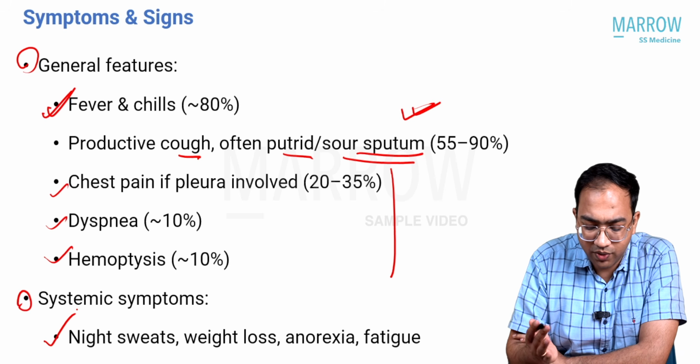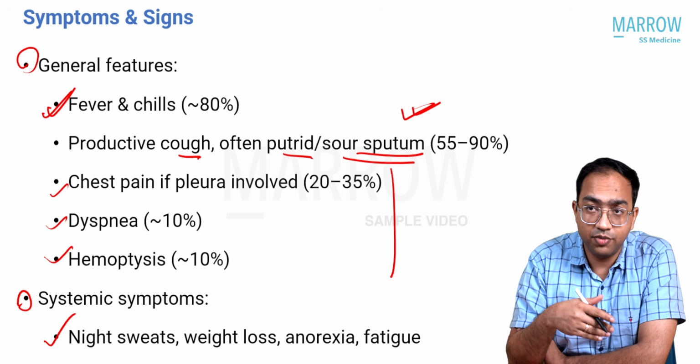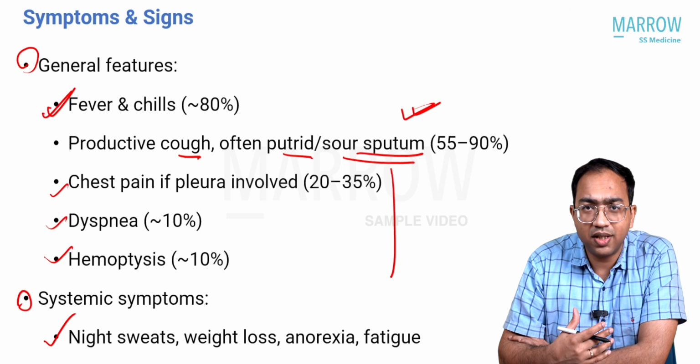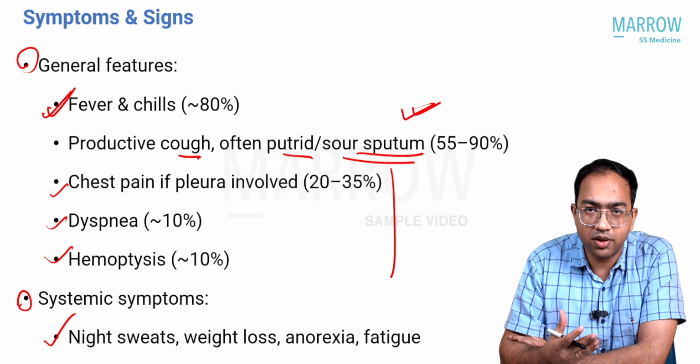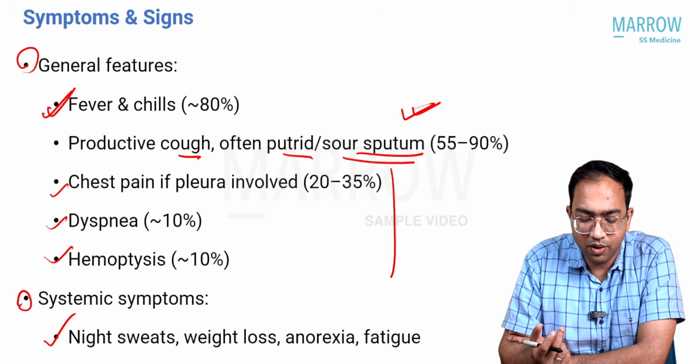Other things like night sweats, weight loss, anorexia, depending on the etiology and duration of symptoms, you might be able to appreciate. For example, if it's a very acute presentation, you won't be able to get this kind of history.